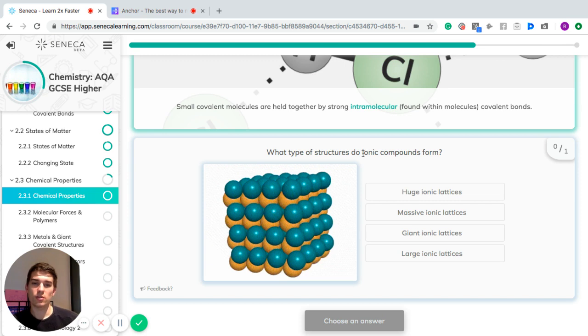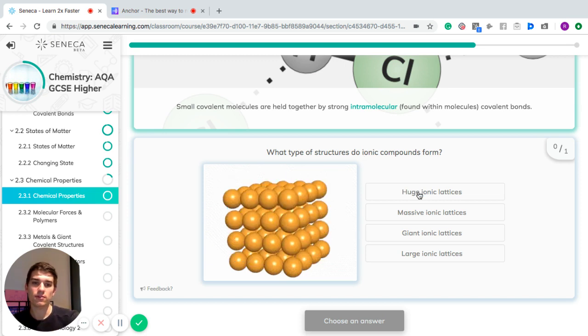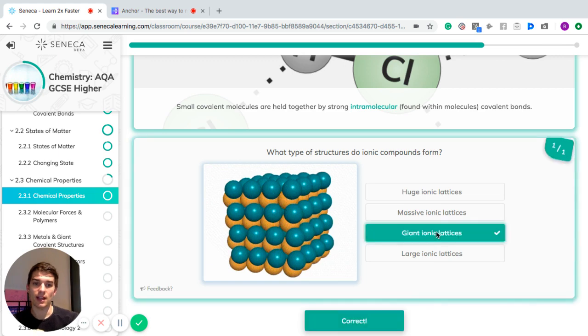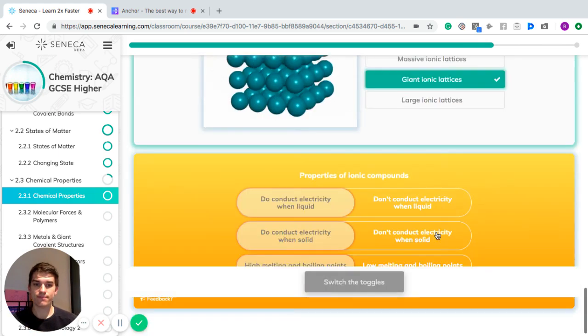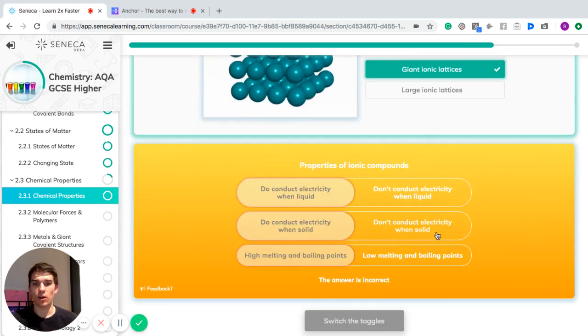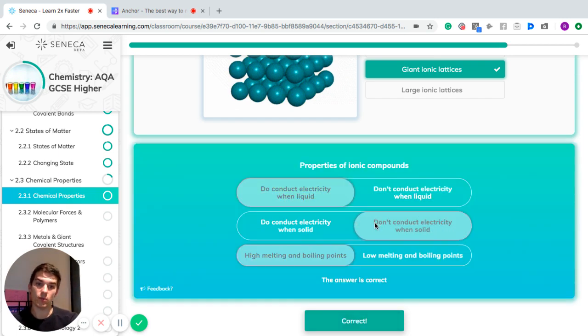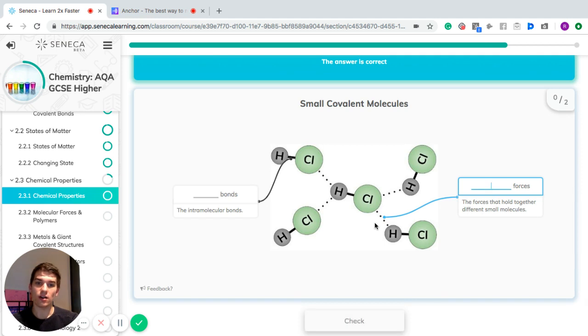Also remember that ionic compounds form giant ionic lattices. Some of the properties of ionic compounds are that they do not conduct electricity when they're solid, they do conduct electricity when they're liquid, and they've got high melting and boiling points.